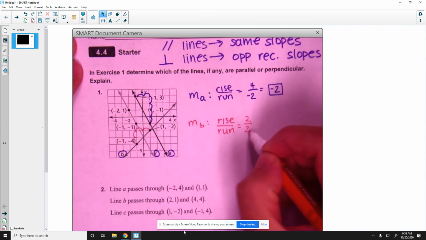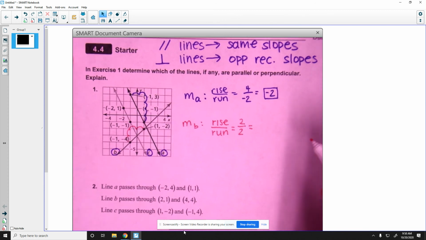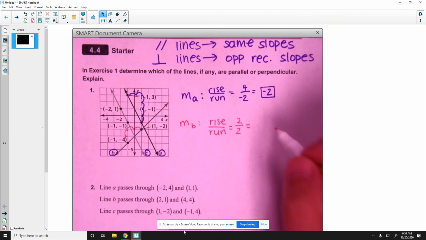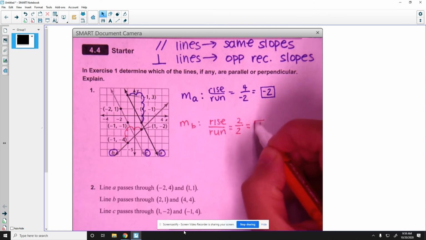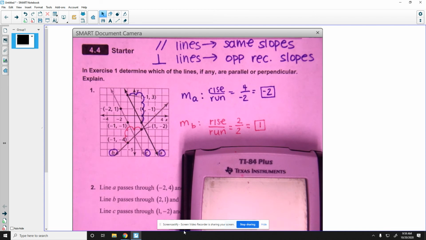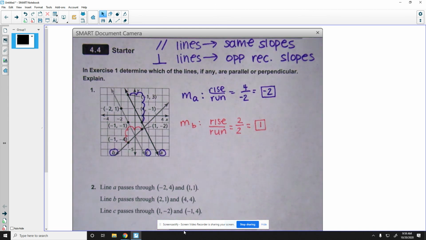So 2 over 2, which can be simplified as well. Read, do you know what that simplifies to? Yeah, 2 divided by 2 is just 1. But use your calculator to double check. Just put it in your calculator: alpha y equals, enter. 2 over 2 is 1. That's it.